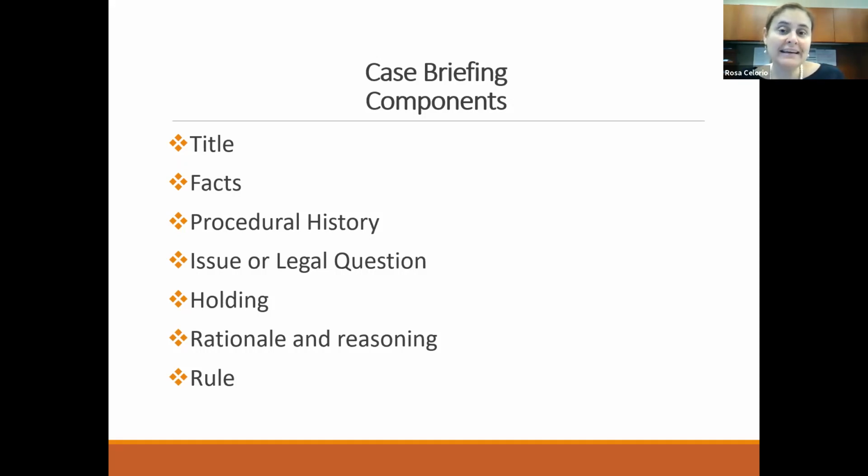The idea of having case briefs is that it helps you be prepared for that class participation. And it's good to have a number of components in those case briefs. Basically it's a summary of the cases that you're going to be reviewing in each class. I outline in the slide a number of components, but with case briefs, you can have different styles.